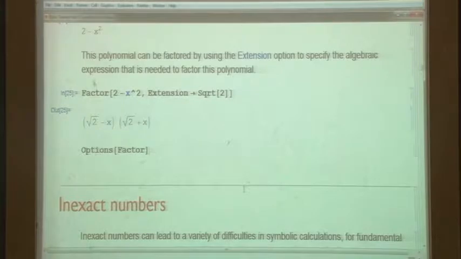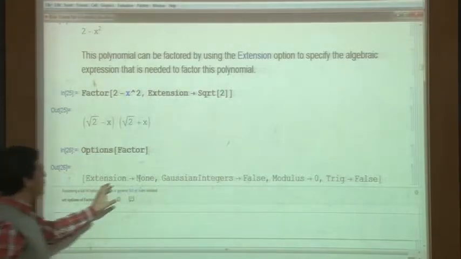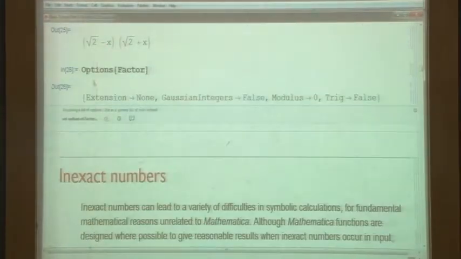Remember, here we are trying to change the extension, right? What is the problem? Let's take a look at the default value for extension. Extension none. You see? Because of that, we got in trouble. So there are many commands in Mathematica that require you to maybe change the default, especially with numerical integration. So that's the idea. In this case, once we change the extension to the square root of 2, because we know those are the solutions, then the problem goes away.